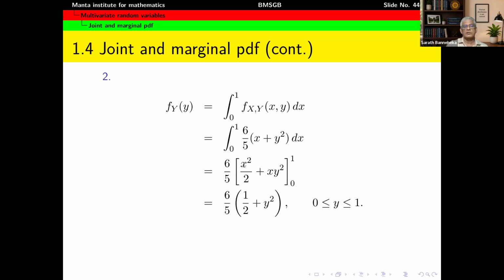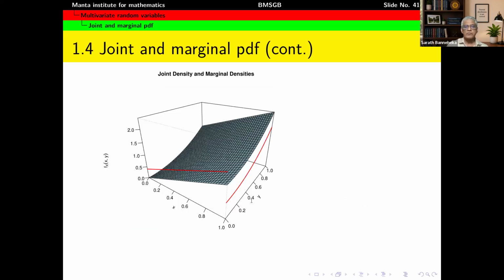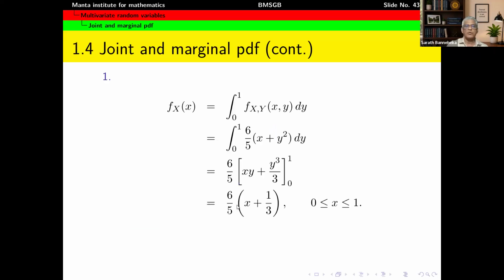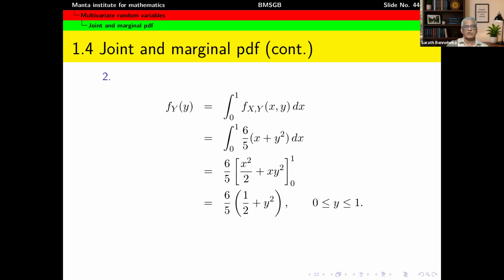So 1 will be put here, 1 will be put here, and then 0 will be here. Finally the answer will be in y, and y has to be between 0 and 1. You can see that's a quadratic function. That's why you saw here that this is not a straight line, it's a quadratic type function. This is the marginal density of y.